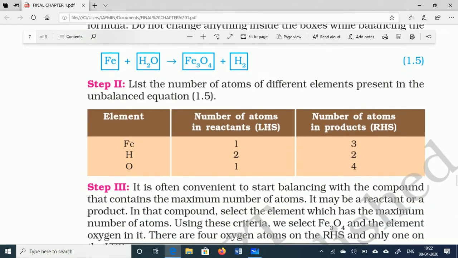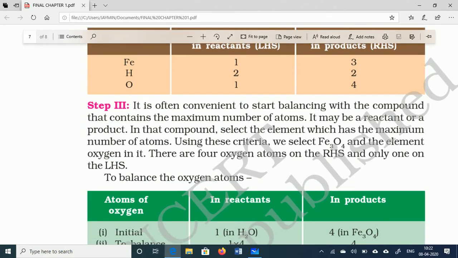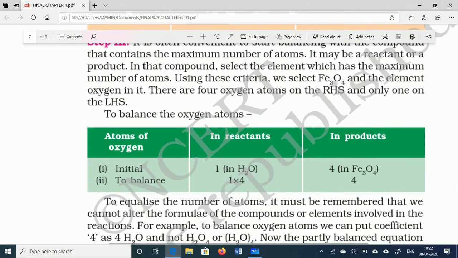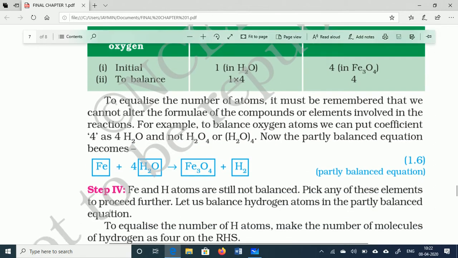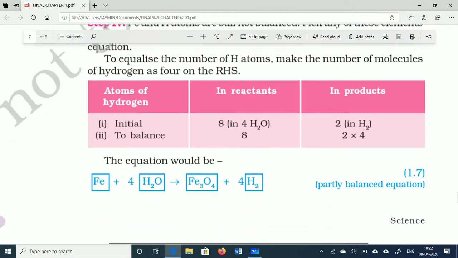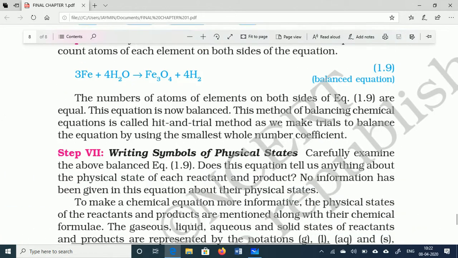In step 2 we should identify the number of atoms present in LHS and RHS. Later we start the balancing of the chemical equations. Students, we already discussed the balancing process in our last lecture. Now in this lecture our purpose is to practice balancing.